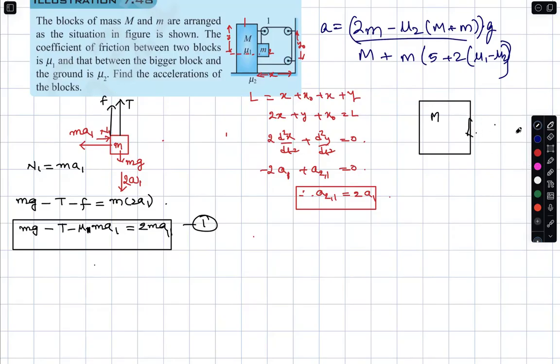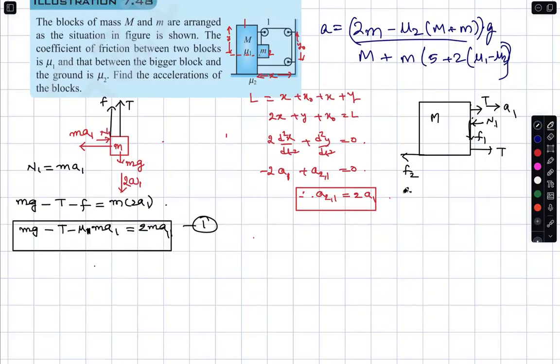You will have reaction like this. And this is the tendency of motion. So, you will have friction like this. And you will have a tension force here and a tension force here.